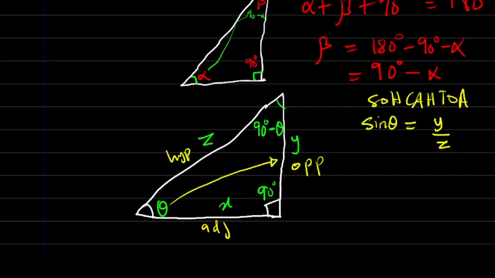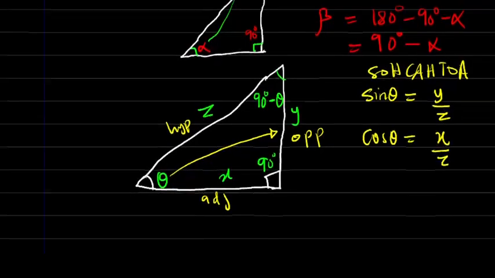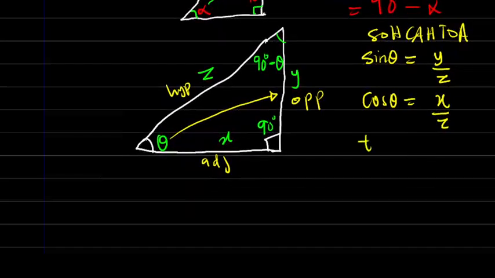Also, what is cos theta? Cos theta is adjacent over hypotenuse, and the adjacent is given as x over z. And also, what is tan theta as well?